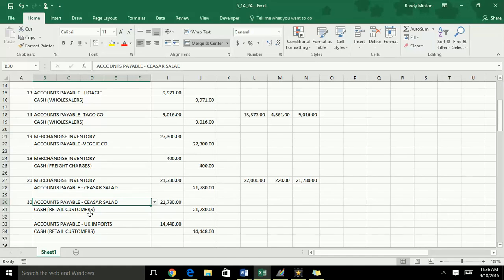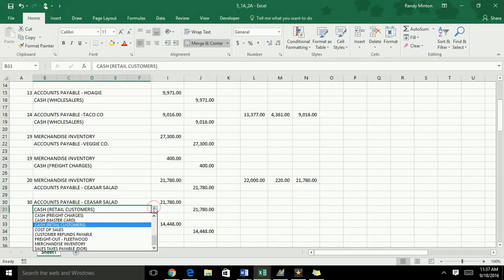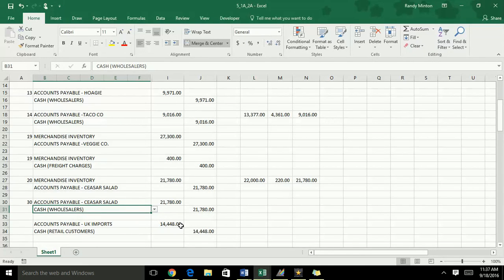The accounts payable will go to Caesar Salad, and it'll be for the net amount that we calculated right here. And cash is the other side, and that shouldn't say retail customers. I'm sorry, that should say cash wholesalers. Okay, and that takes care of that one.